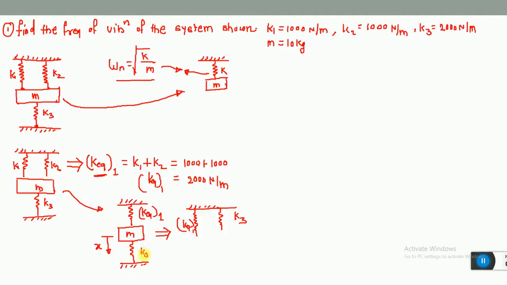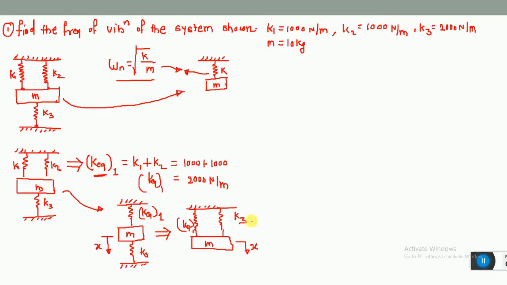Okay, so just connect this K3 at this point so that they will appear in parallel. Now if you displace the mass m by displacement x, then both the springs K equivalent 1 and K3 will have the same deformation x. Okay, and therefore these two springs are in parallel arrangement.